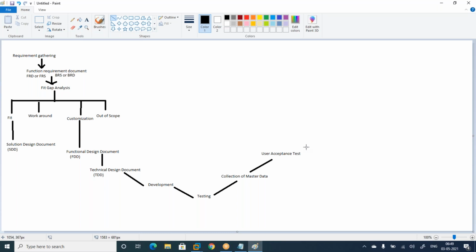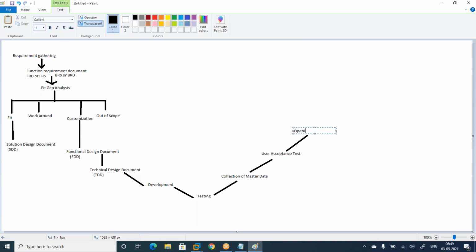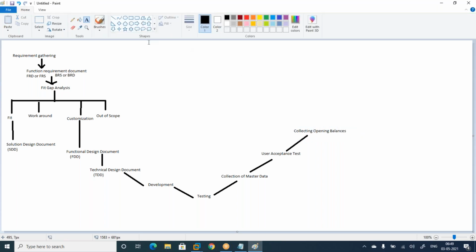From there, you need to collect opening balances. Opening balances collection.